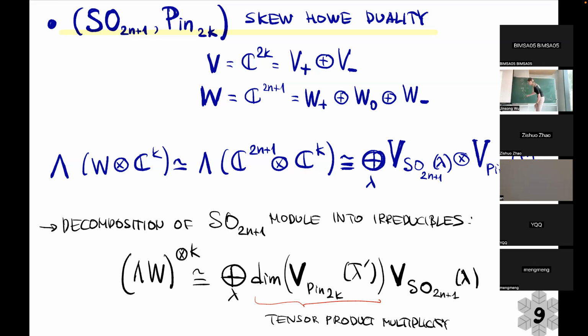If we consider the tensor square, how can we construct it on the level of the weight diagrams of the representation? Basically, we will construct a diagram which is larger.